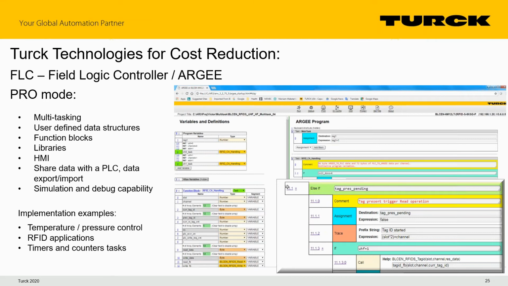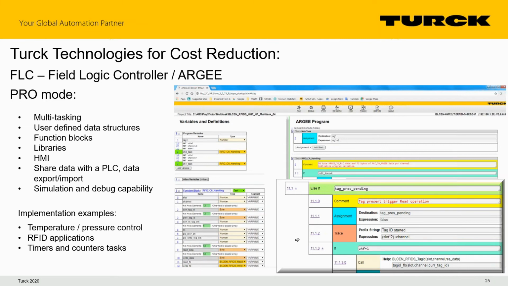As far as the programming environment, you can see here that we have just regular statements. So you can have an assignment that says a value is equal to an expression, a calculation. We have comments, we have if statements, we have else if statements. We have calls to functions. So there's a lot of power that is available in the RG environment when we're in the RG Pro.